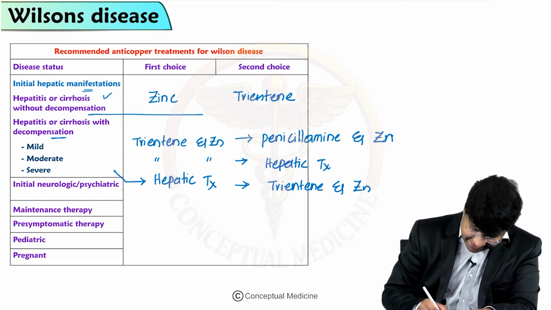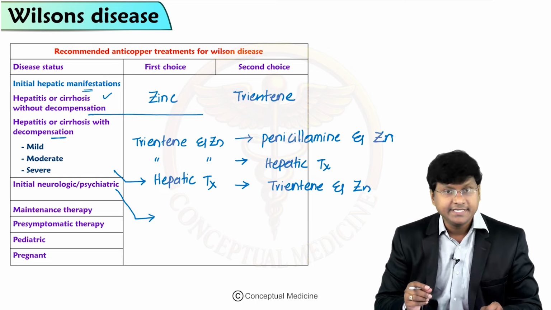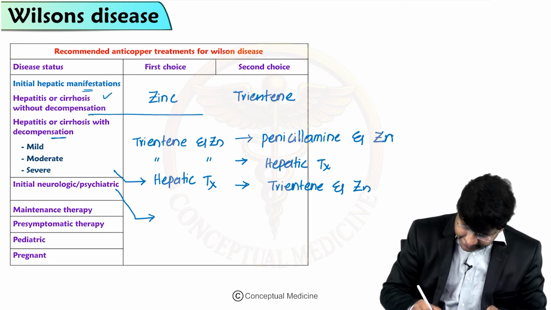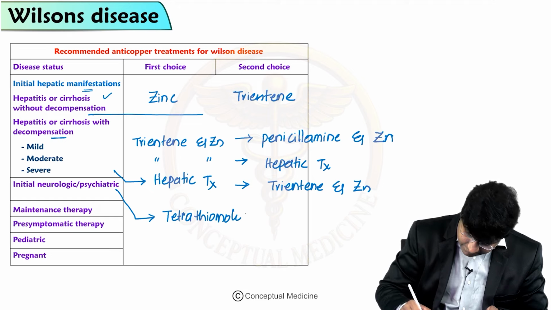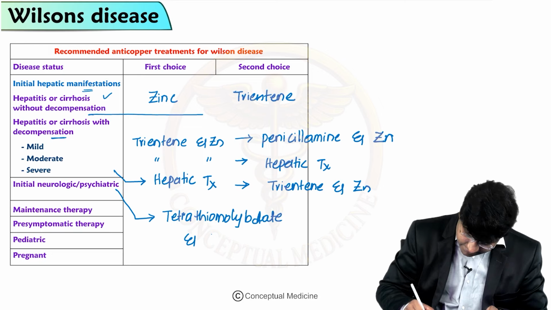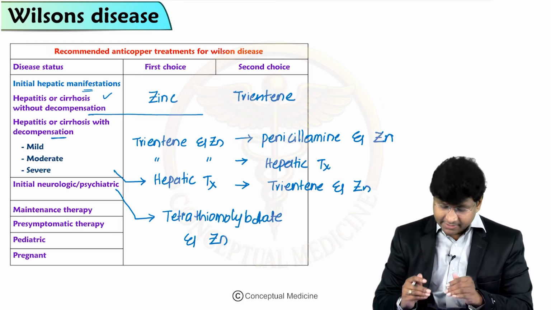And when the individual is having the neurological features, the initial choice will be tetrathiomolybdate, and the alternative is zinc, right?